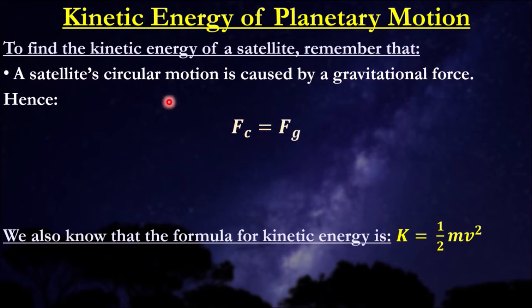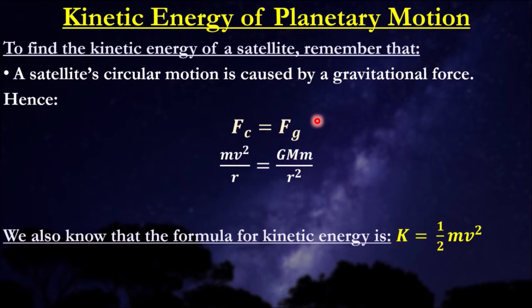So, if a satellite is performing uniform circular motion, that means its centripetal force is generated by the gravitational force of the larger object it's orbiting. So again, we come back to this equation here. Before, when we looked at this equation, we demonstrated how it relates to Kepler's law of planetary motion.